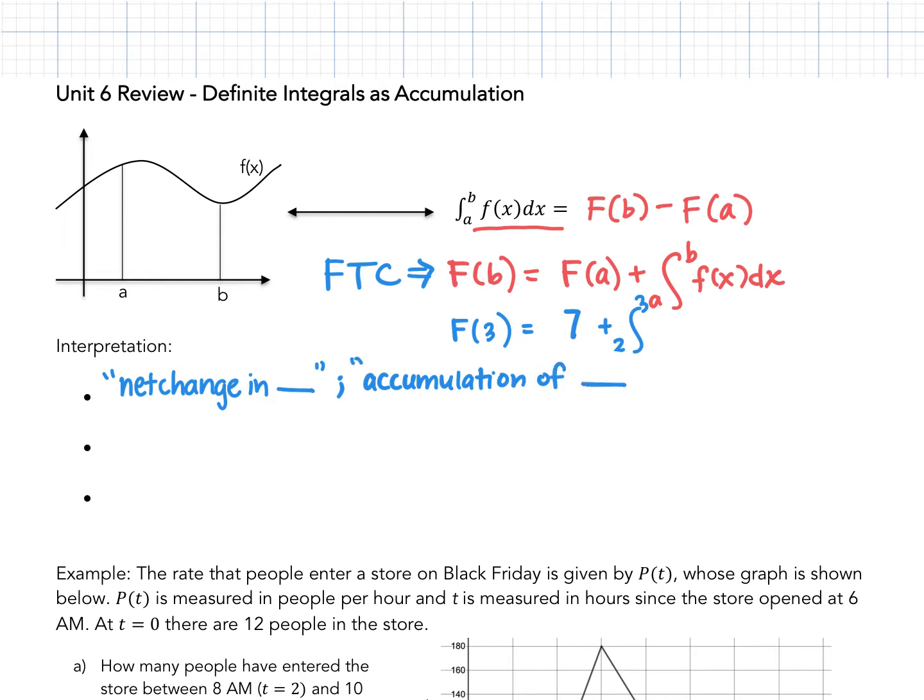You'll see words like that, right? And that is the integral from a to b of f of x dx. But if you see total change, that word total is significant because the integral then requires an absolute value.